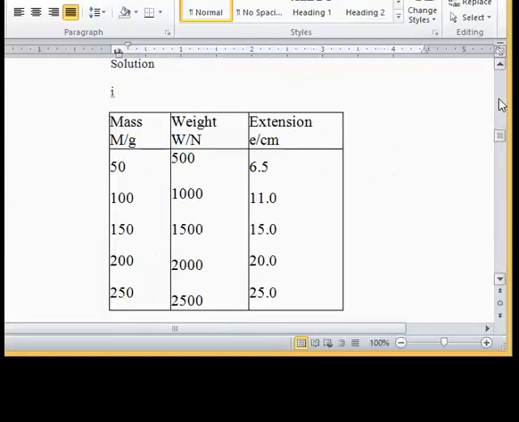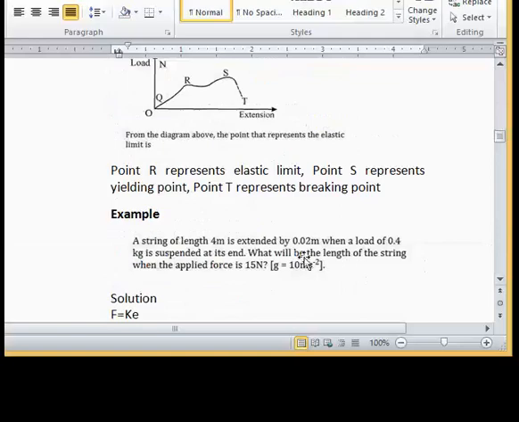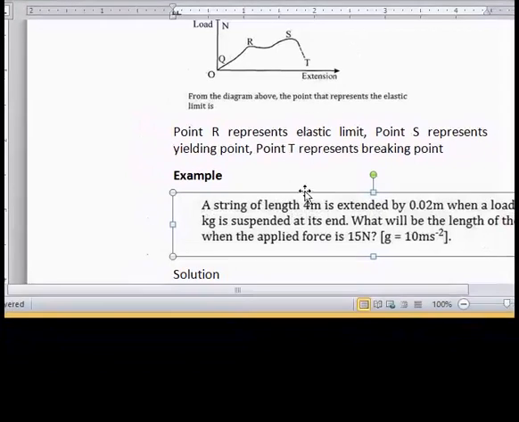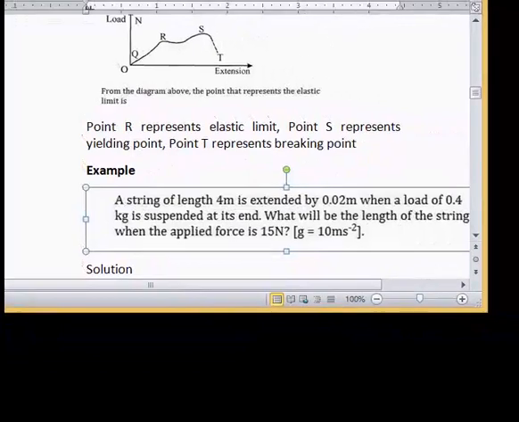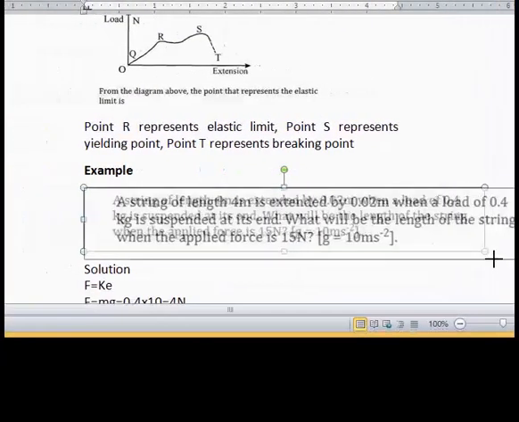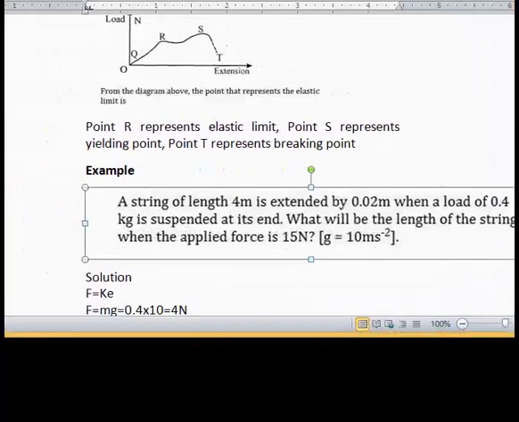Okay, I think I can do justice to this question now. I hope you can see it. I have to expand this so that it can be seen well.